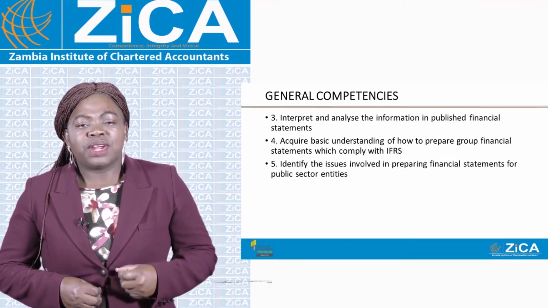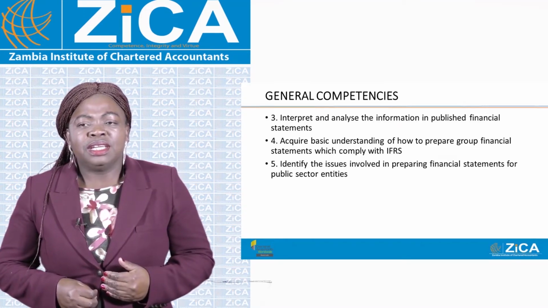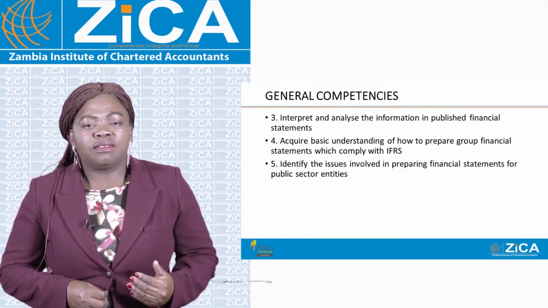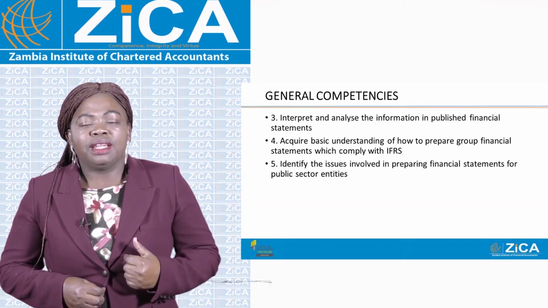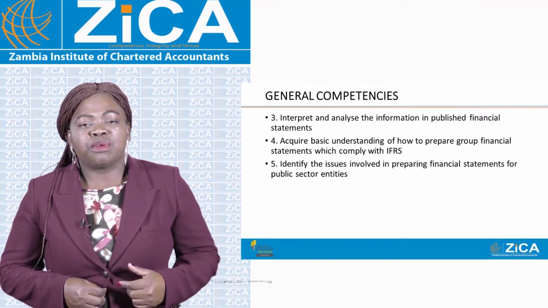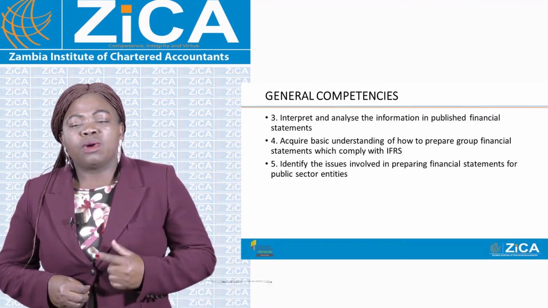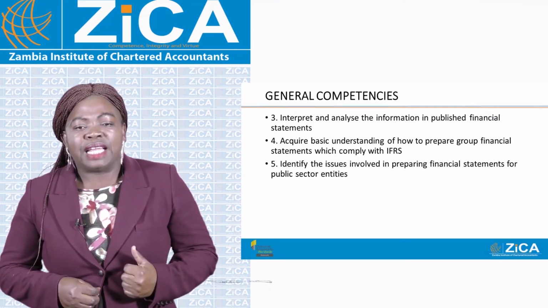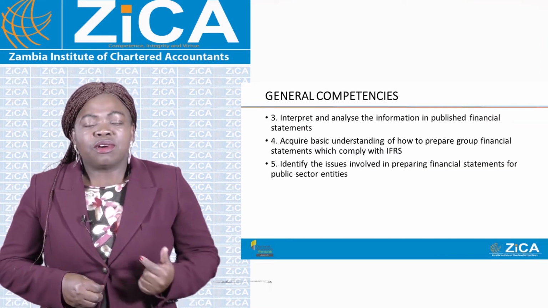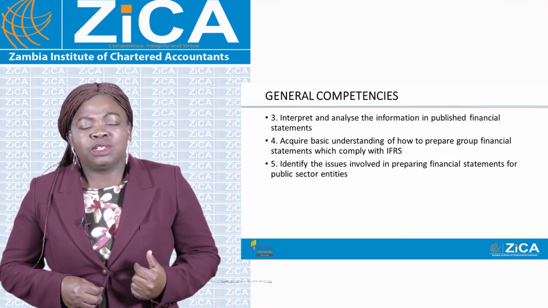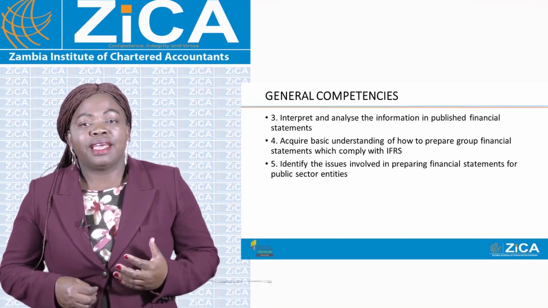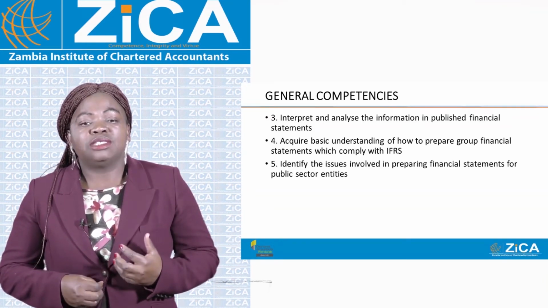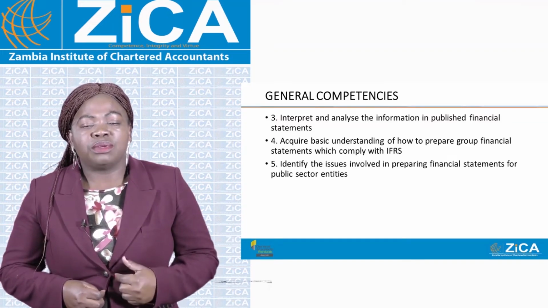So as you interpret your return on capital employed, you cannot afford to leave out the fact that it may have been an improvement due to improvement in profitability, or that due to the disposal of the non-current assets, which reduced the denominator of the ratio, this may have led to the increase in the return on capital employed.